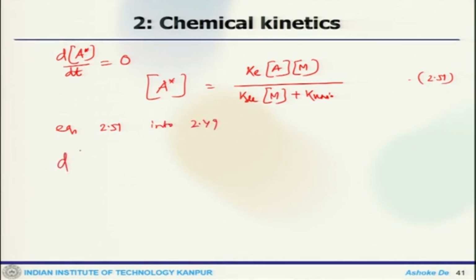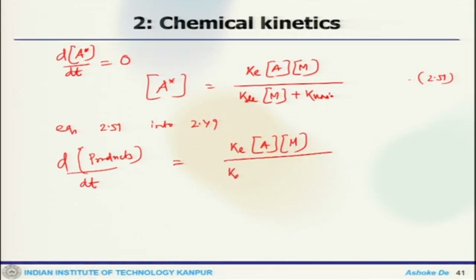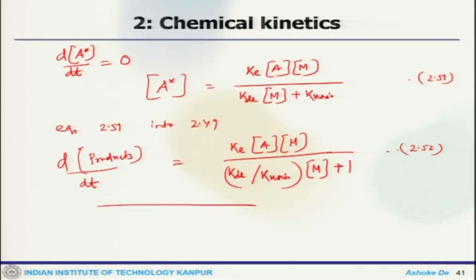So, what we get, d products by dt equals to K A m by K d by K unimolecular m plus 1. So, that is what you get for the products rate.